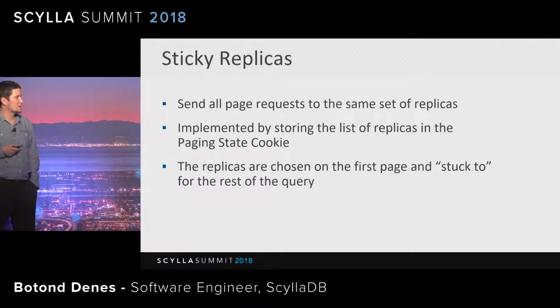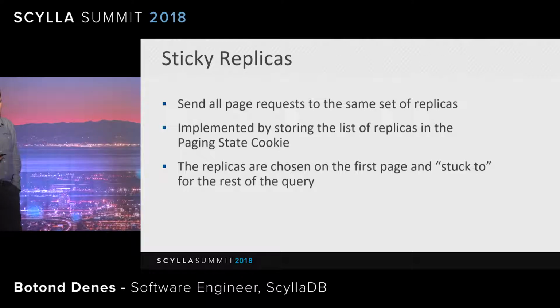At the end of the first page, Scylla saves the list of chosen replicas in the paging state. And from then on, at the beginning of each page, it retrieves this list and then just sticks to these replicas.